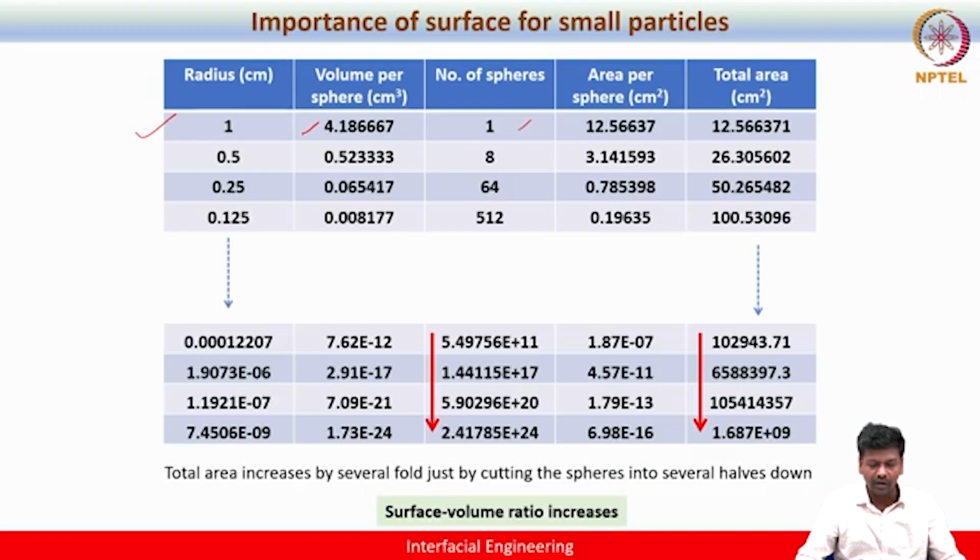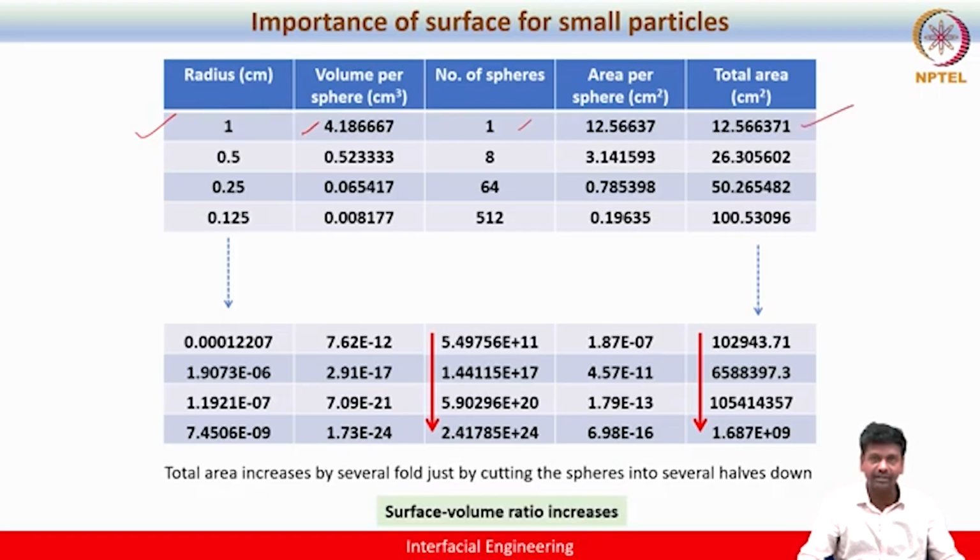So area per sphere can be calculated for this one sphere, that is 4 pi r square. Now, by multiplying the number of spheres by the area per sphere, we can calculate the total surface area or total area, right?